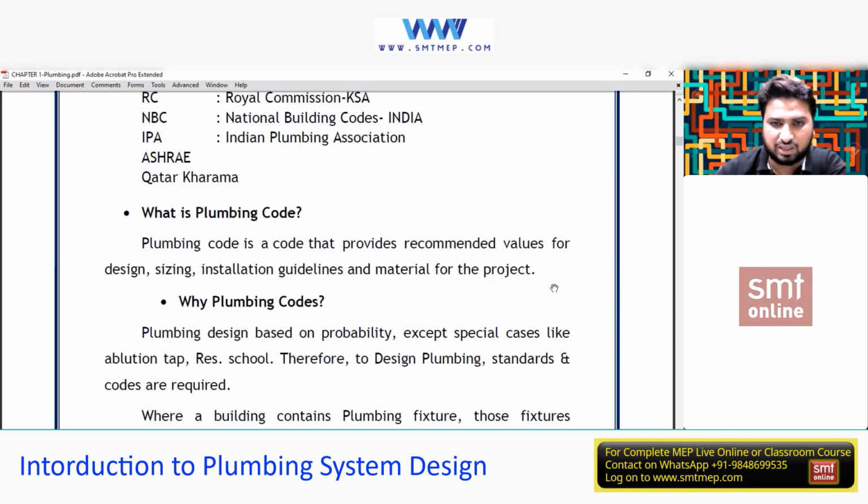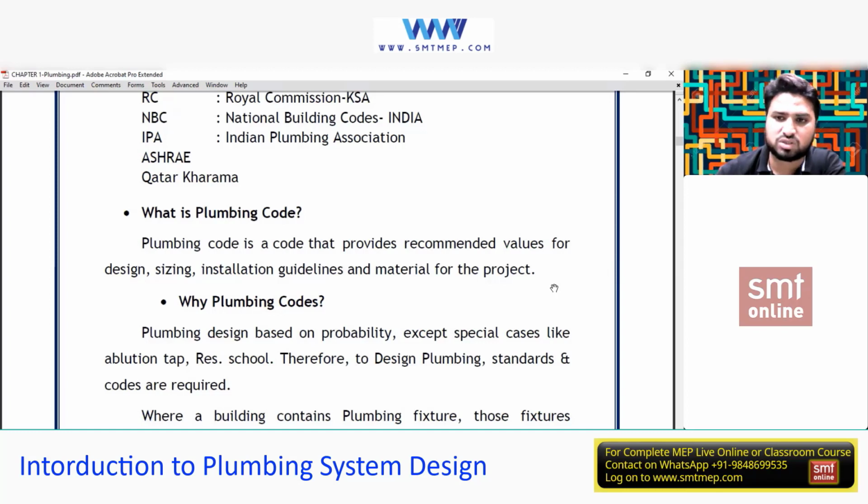Or if you want to go with metal only, you can go with copper, but that would be a very expensive option, isn't it? Likewise, we get instructions for designing, guidelines for installation, and guidelines for sizing, such as how to size the pipe or select the pipe diameter, how to size the grease interceptor, the sump pit, or the pump room, and information about the respective things.